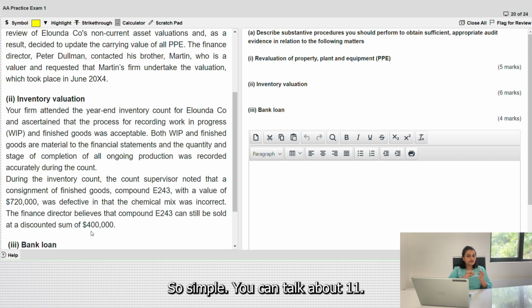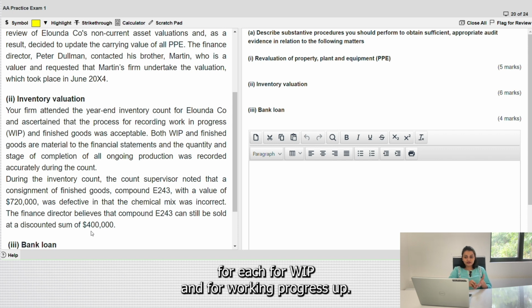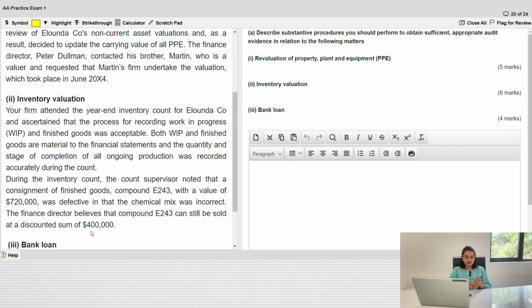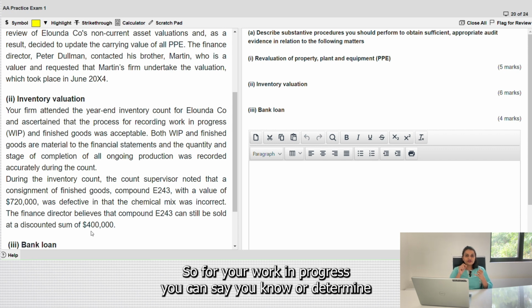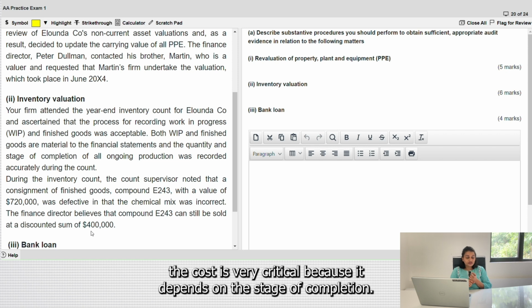So simple, you can talk about one point each for WIP and for finished goods. For your work in progress, you can say determining the cost is very critical, because it depends on the stage of completion.